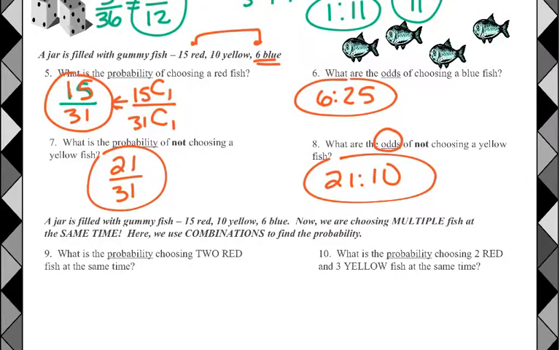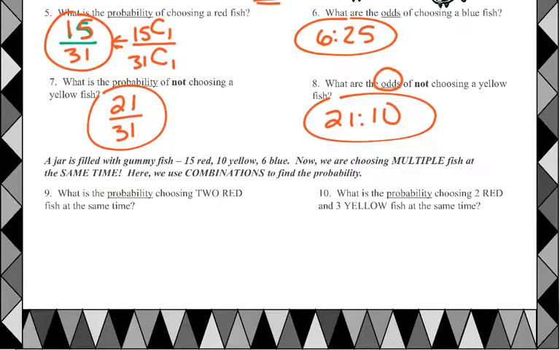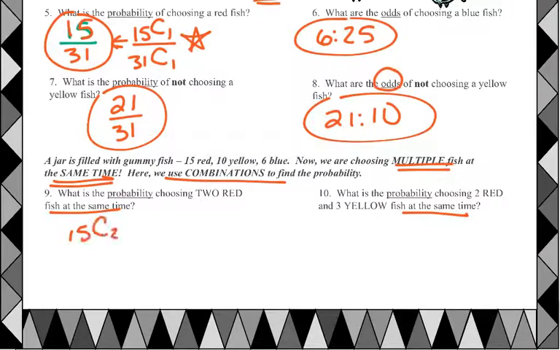When you go up to 2 things, and here's the thing, you're doing these at the same time. So we're choosing multiple fish at the same time. And here we use combinations. So it's kind of going to remind us of this. If we want to choose 2 red fish, it's 15 C 2 over 31 C 2, at the same time, right? And I've got to do that on my calculator.